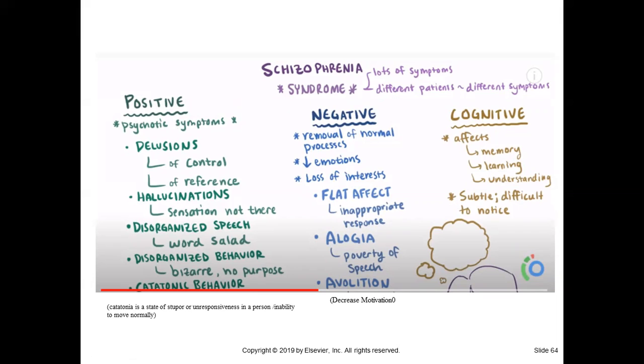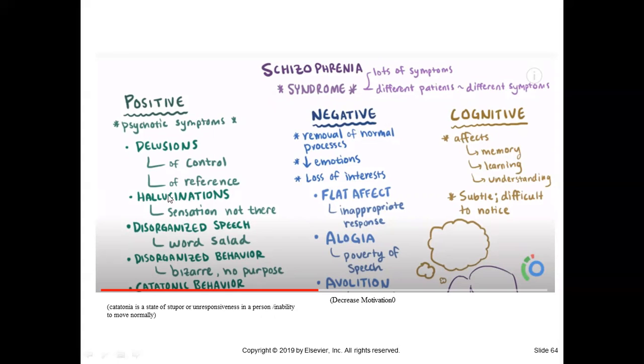Let me read it. First one, they said psychotic positive symptoms are delusions. I said delusion means a false fixed belief. Delusion has some types, like delusion of control, thinking somebody controls me by telling me do that, do this, or delusion of reference.